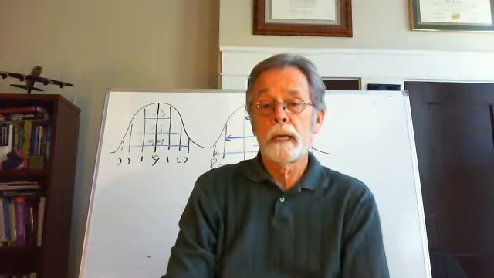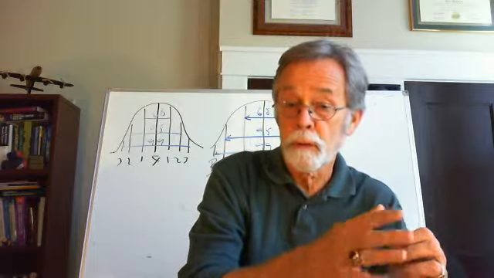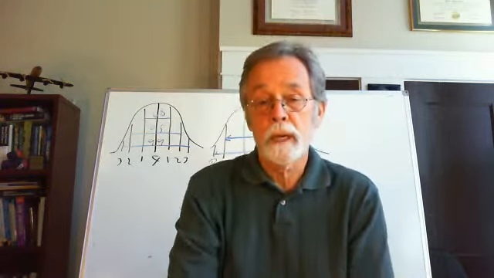Or if it has an extra number of low values on the left, then it would have a negative skew to the left, which would mean that quite a large number, far more than 50% of the values, are off to the right.